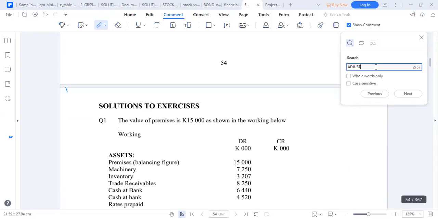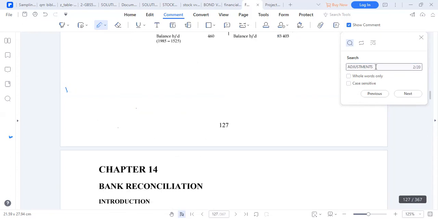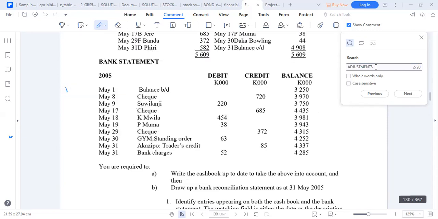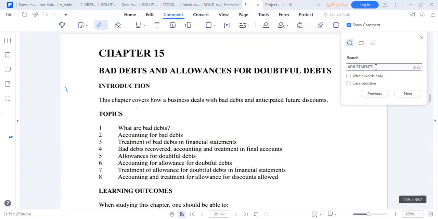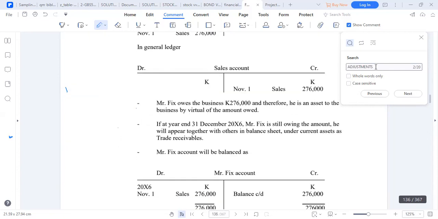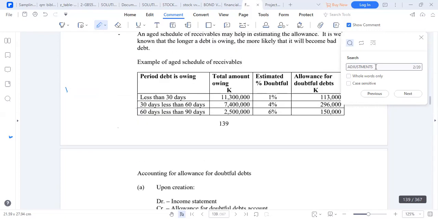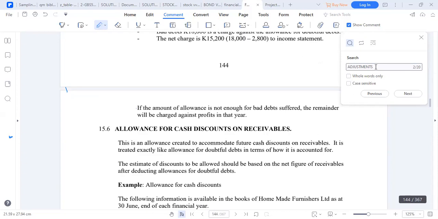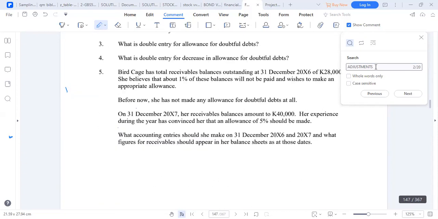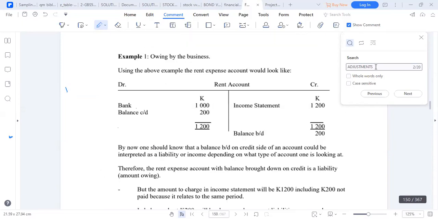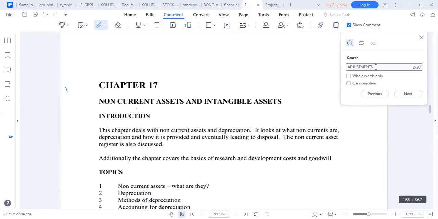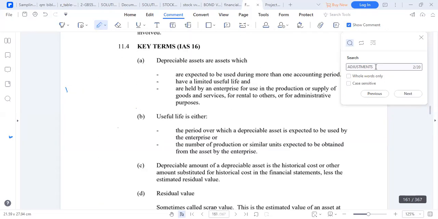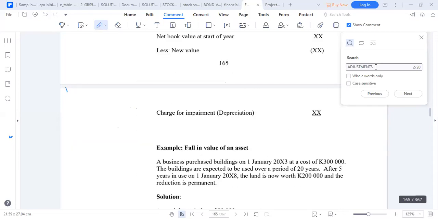I will go to the adjustment of final accounts. Now this is where it becomes important and tricky, because you need to know the accounting concepts that we had in lesson 2 and apply them appropriately.